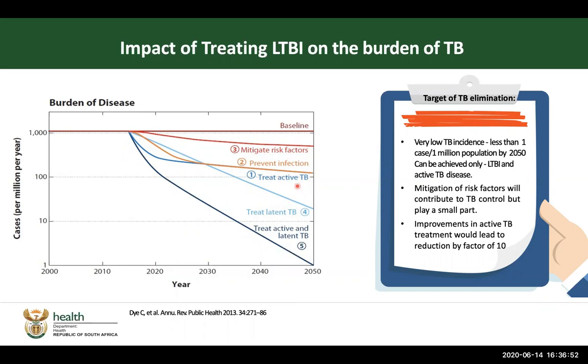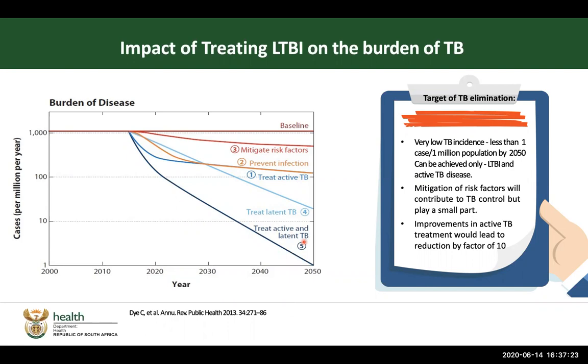And I think the key message is that for us to reduce the number of cases, we have to do everything in combination. This would be a multiple intervention combination treatment, where both active and latent TB have to be treated. So we have to identify patients who are at risk of latent TB infection or who have it, and we have to treat it.